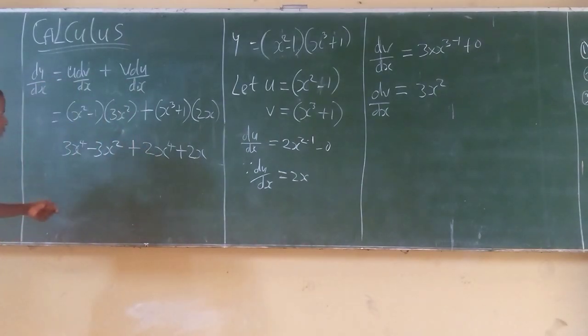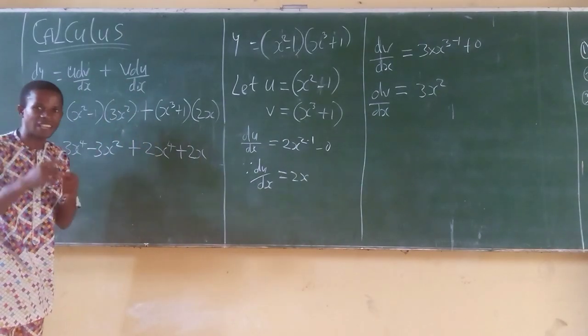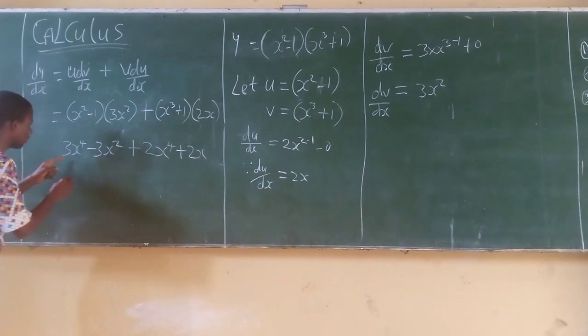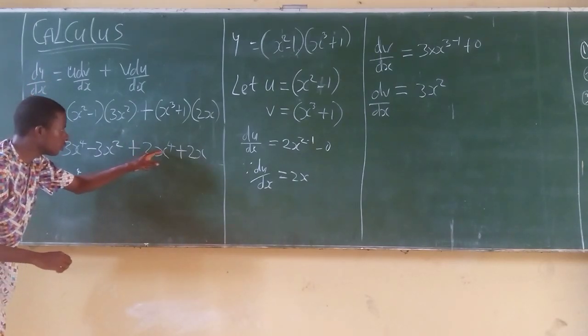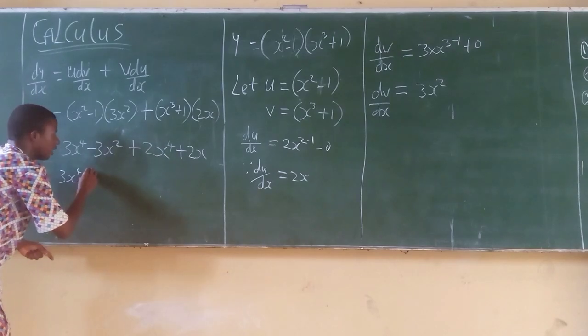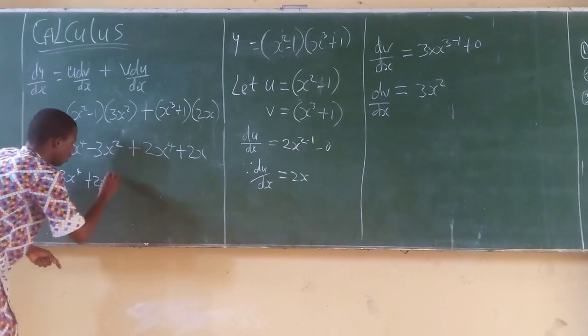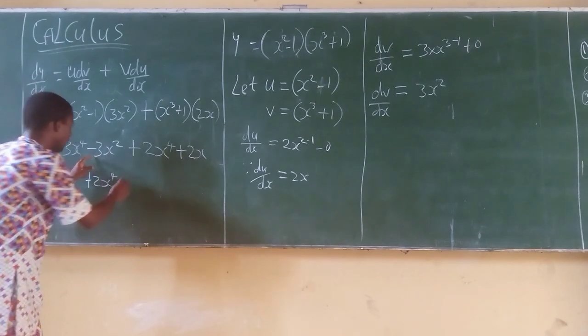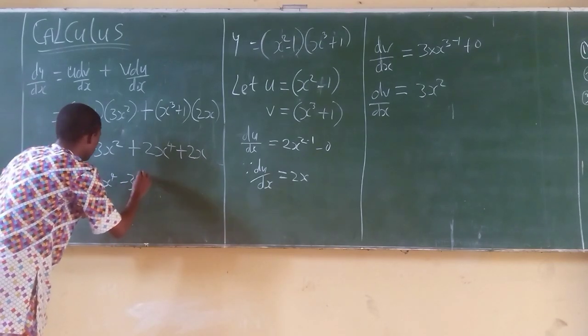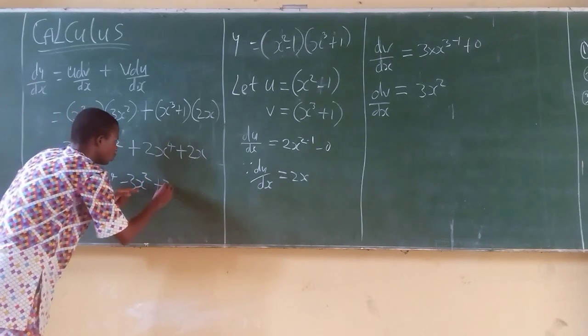Now, at this point, we check the terms with the same power, and we add them together. We have 3x raised to the power of 4 here. We also have plus 2x in the same power of 4. Then here we have minus 3x squared, right? Plus this 2x here.